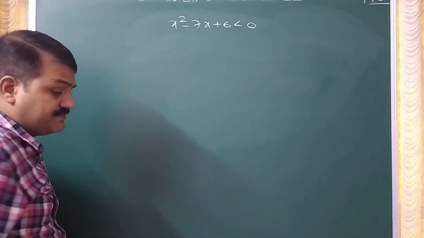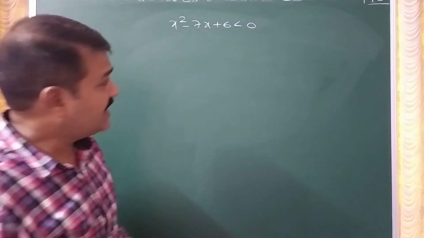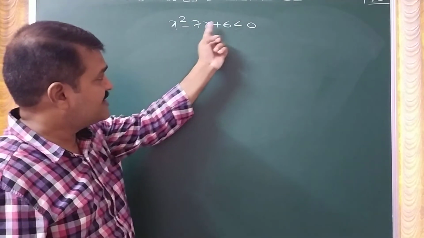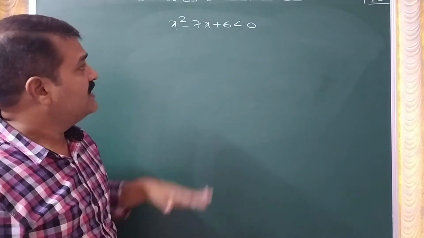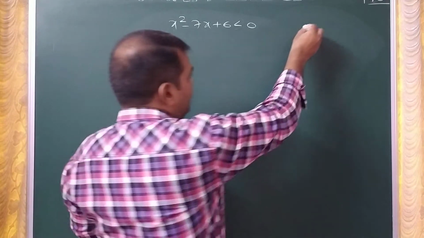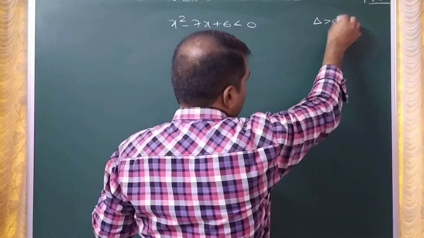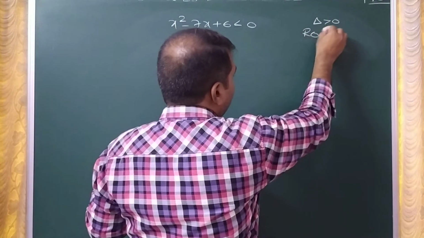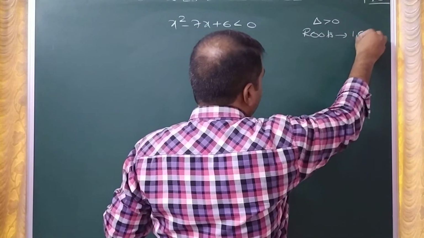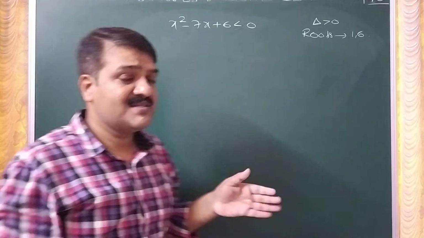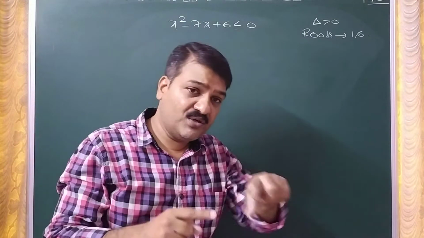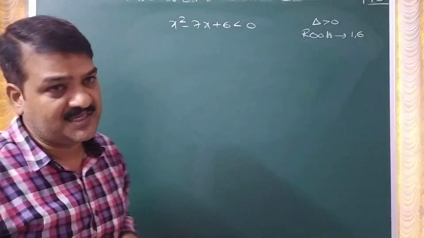Here also clearly delta for x squared minus 7x plus 6 will be greater than 0. There is no doubt in that. So delta greater than 0 means you have to find the roots. If we find the roots, you will get 1 comma 6. The previous problem we discussed the procedure. Now we are going to discuss a shortcut method.